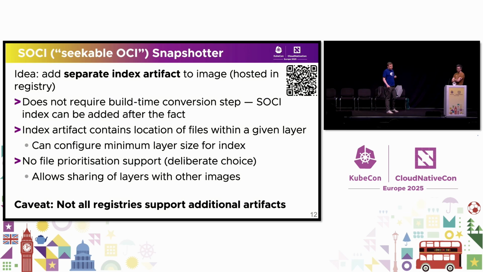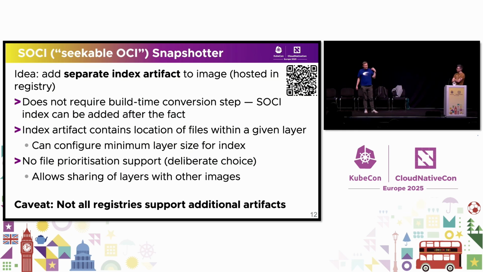Okay, and then for optimization, you can configure a minimum layer size for indexing. If a layer is particularly small, it doesn't necessarily make sense to index that, and you might just download the entire thing and unzip it. The default here is something like 10 megabytes, which is reasonable.